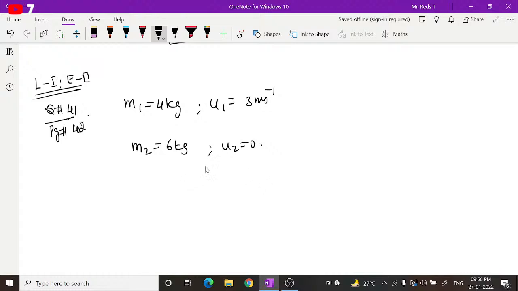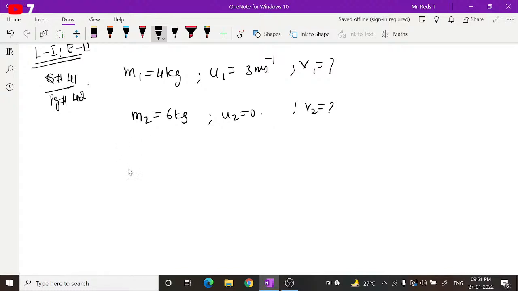If the velocity of the first one after collision is v1 and the velocity of the second one after collision is v2, what are these you are asked to find for elastic collisions. So you have to remember the direct formula.